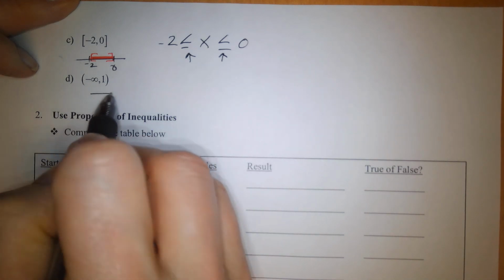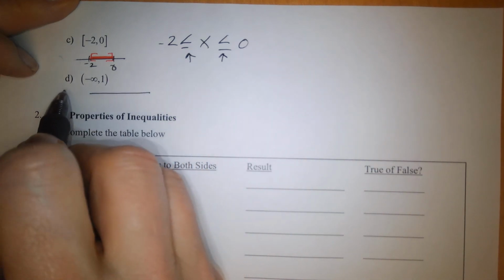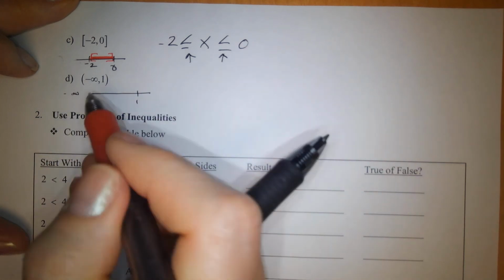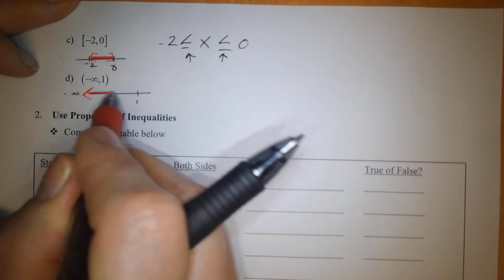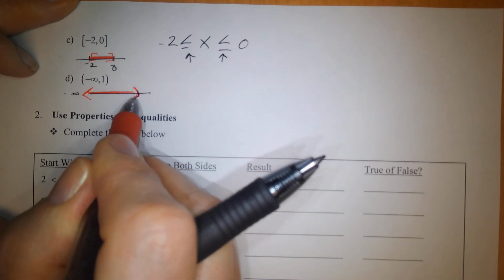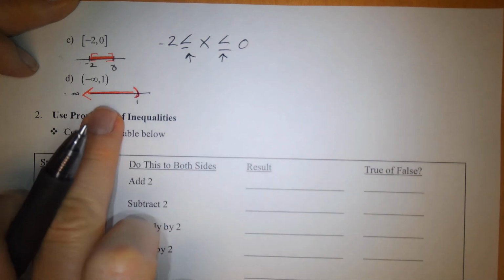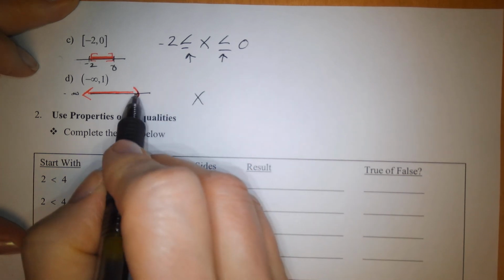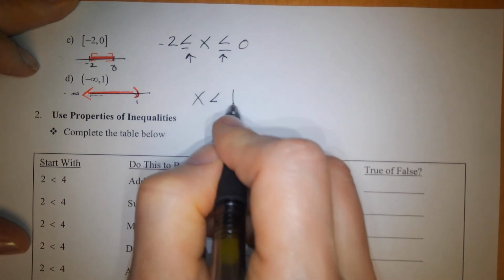Last one. X is any number from -infinity up to 1. So it starts at -infinity and goes all the way to 1. So writing this in an inequality, we would say x is less than 1.